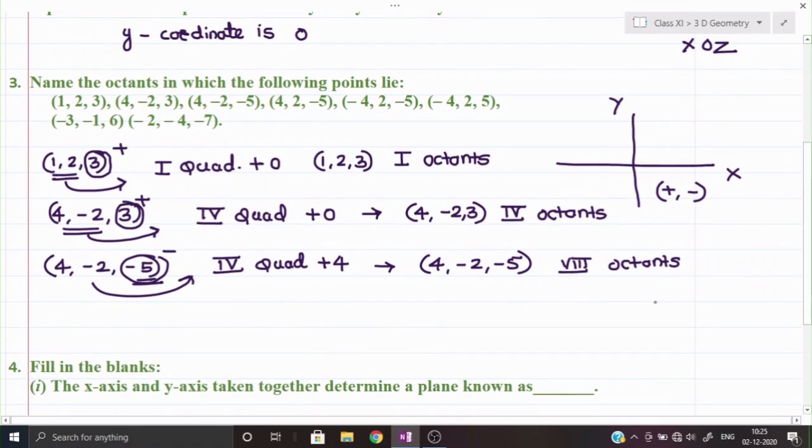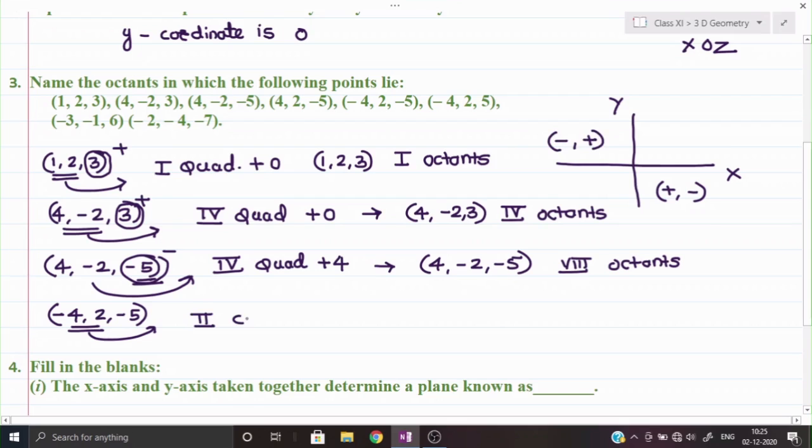Then it is given to us (-4, 2, -5). First of all, think of (-4, 2): in which quadrant does it lie? x is negative and y is positive, so that will lie in the second quadrant.